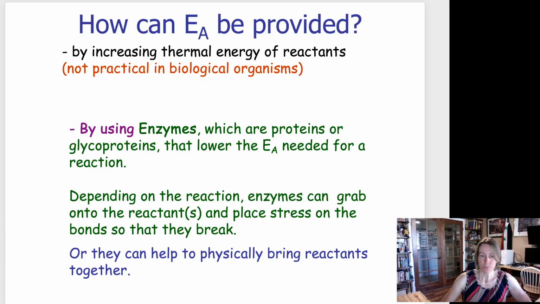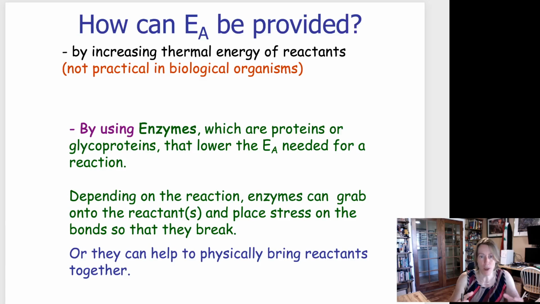So when the enzymes are present, they can help the reaction happen at a lower activation energy. They do that by generally either, if it's a breaking down reaction that you're doing, the enzymes can sort of grab onto the molecules and kind of tweak and bend and twist them and put the bonds under stress so they ping apart easier at a lower energy.